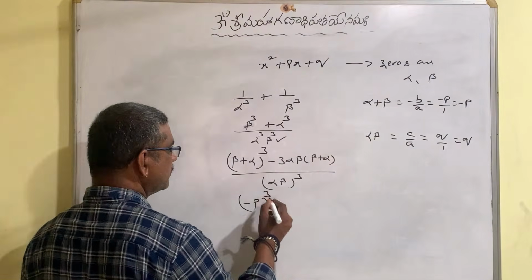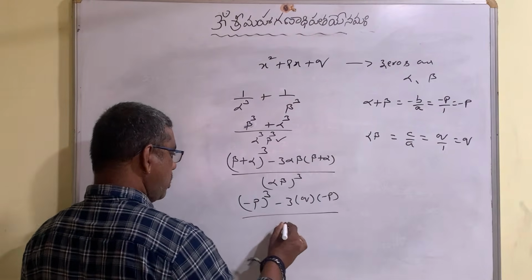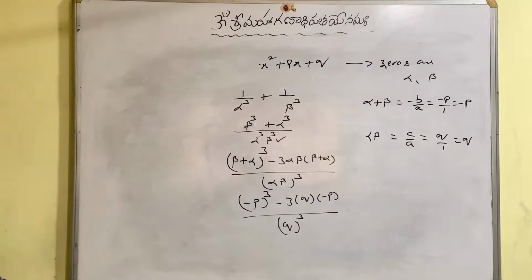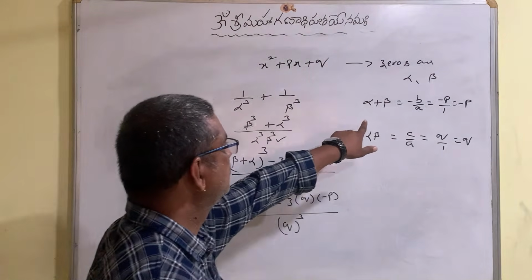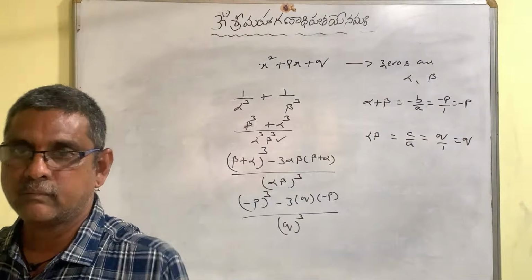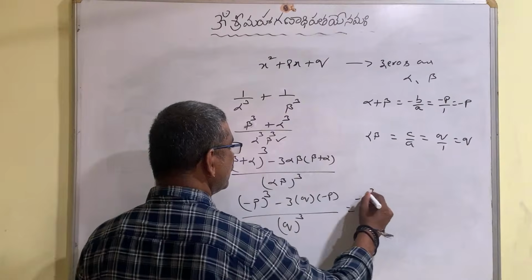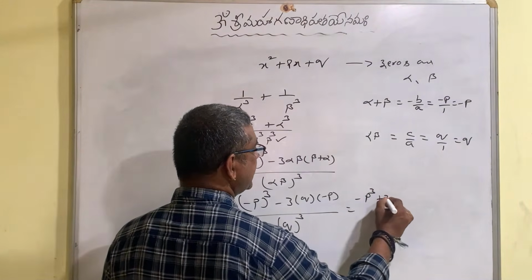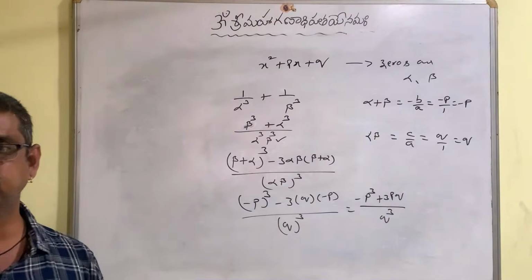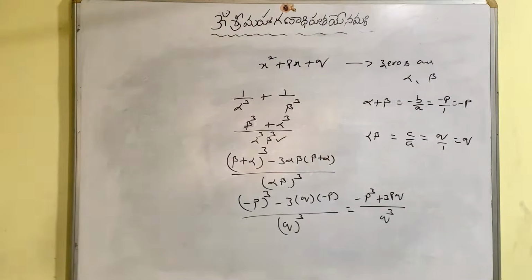Minus p whole cube minus 3 into q into minus p, by q whole cube, because we have alpha plus beta negative p, alpha beta cube. So this is minus p cube plus 3p cube by q cube. Okay.